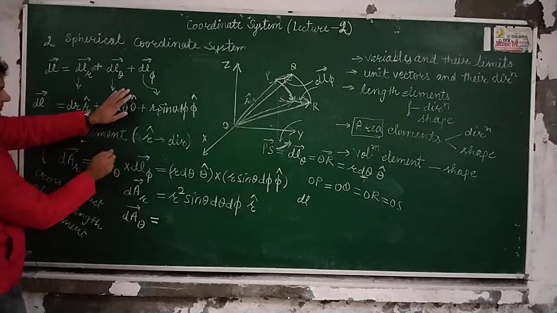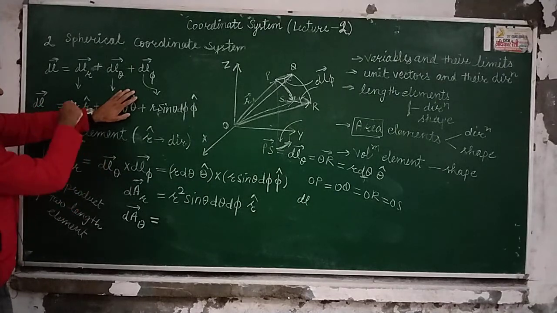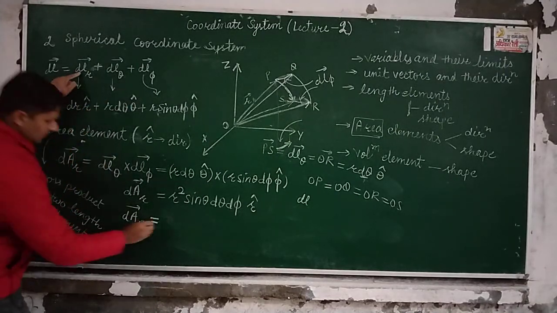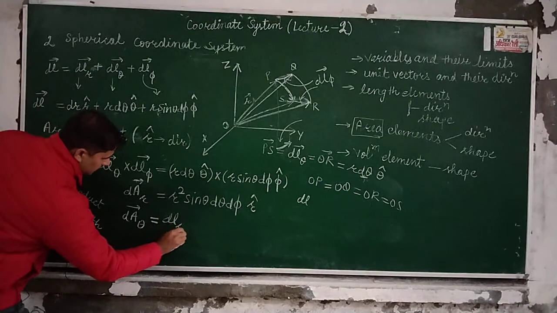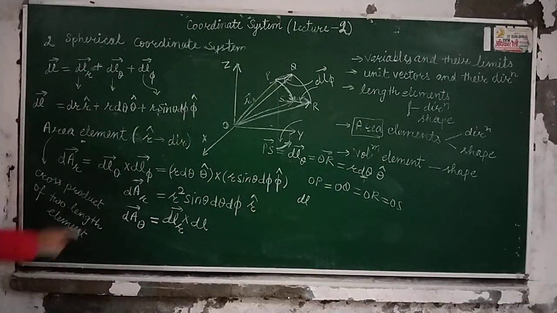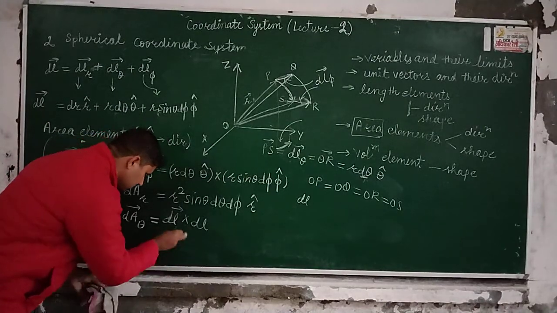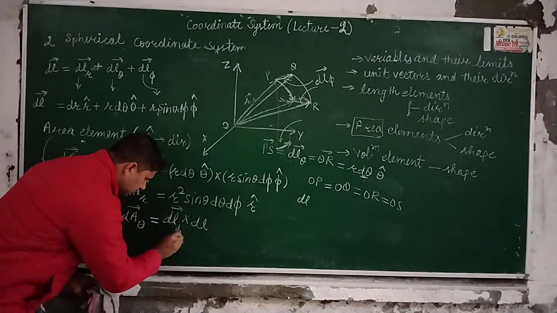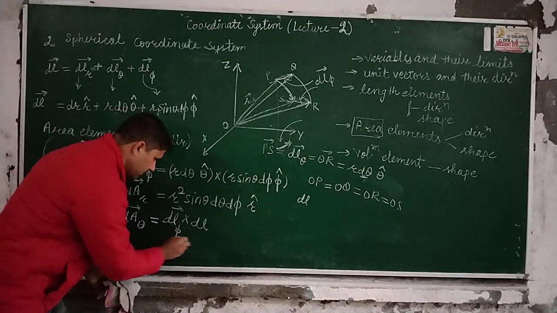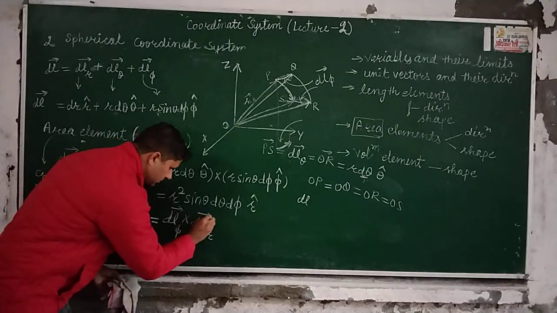So this is theta cap. We will take the cross product of dl phi and dl r, keeping the order the same.